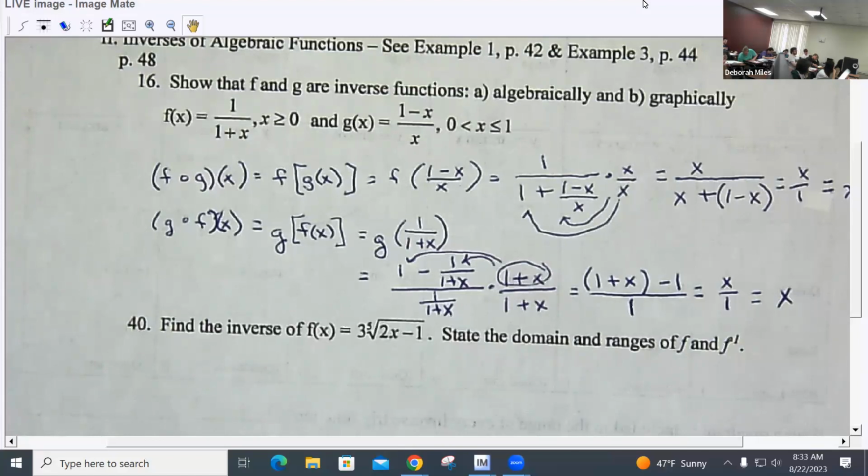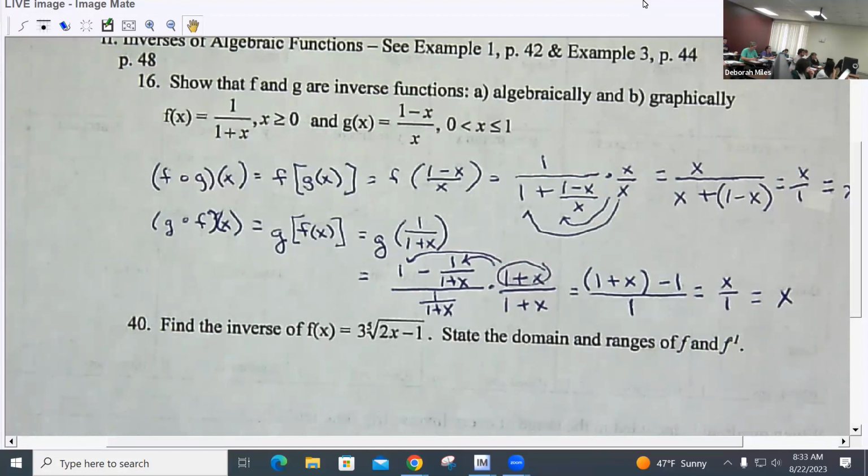But to figure out what to set my y's to, if I let x be 0, what would I get in this function? 1. And if I let x be 1, what would I get in this function? A half.